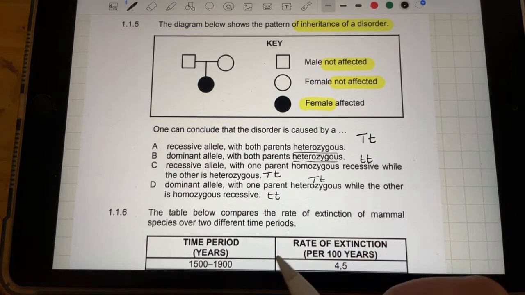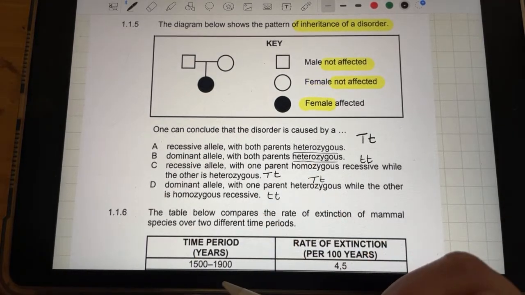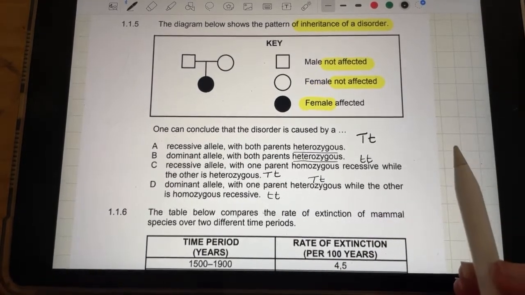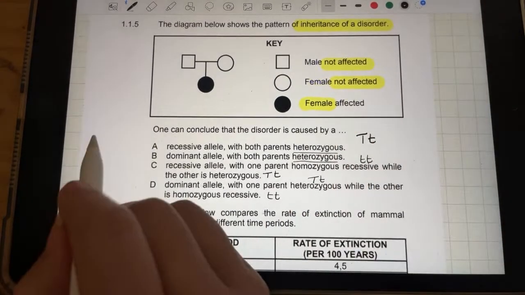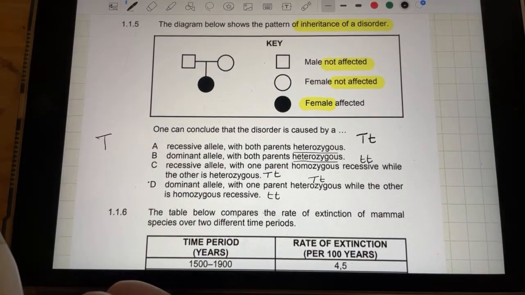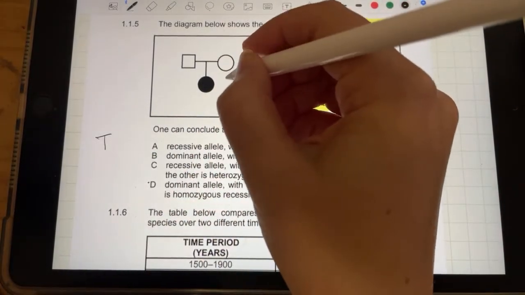So now what we have to figure out on this one is whether this inheritance is dominant or recessive. Now, remember, if it was a dominant disorder, you only need 1 capital letter to get it. If that's the case, let's just play the game here and fill it in.